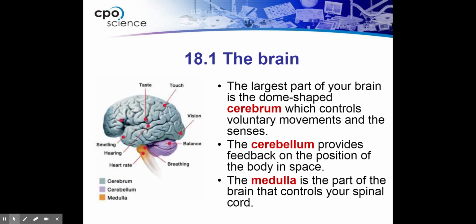Your brain has three parts: the cerebrum, the largest part, the cerebellum. This is what gives feedback, body, balance, things like that, and the medulla. This is what controls the portions of your body that are what we think of as automatic responses: breathing, heartbeat, things such as that.